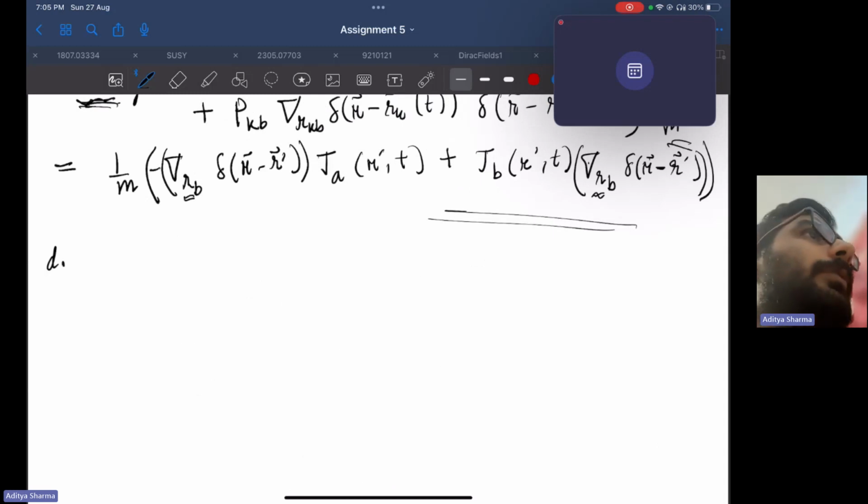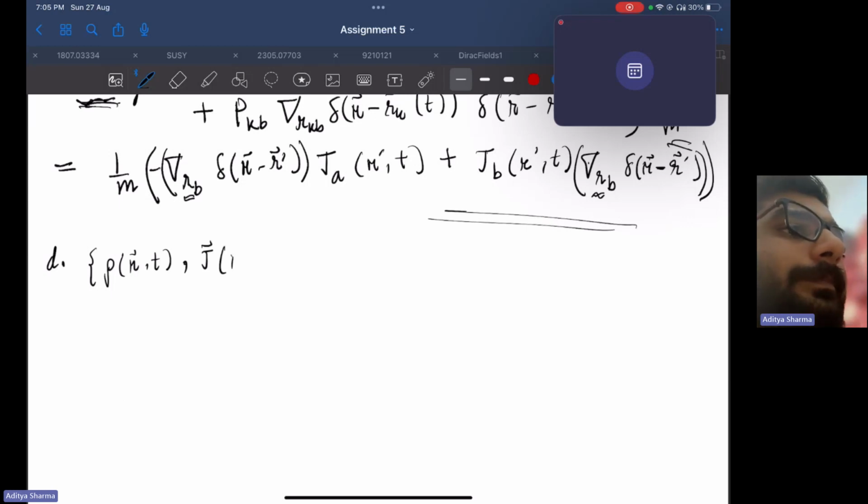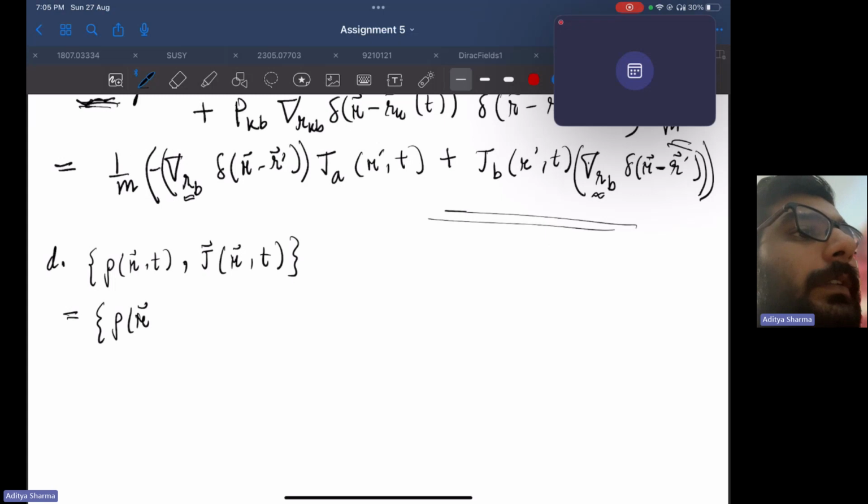Now, if that is the case, we want to evaluate the Poisson bracket between rho and J. And we are going to use the older, sorry, R prime.